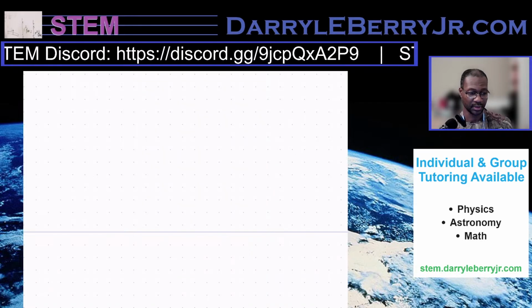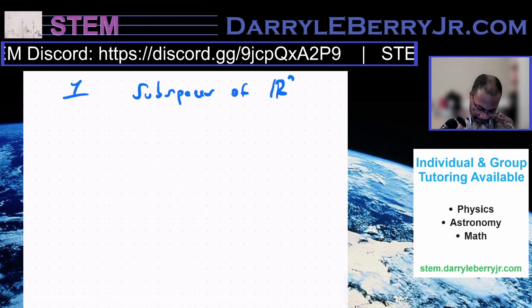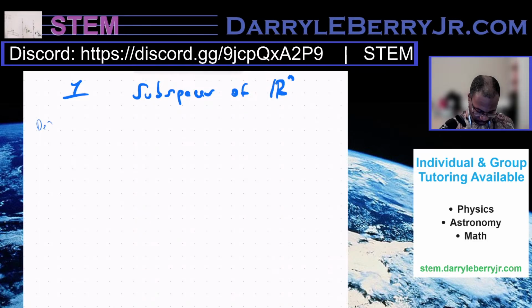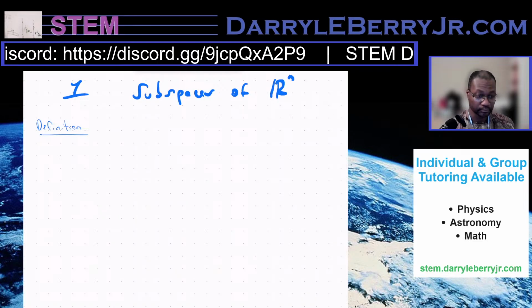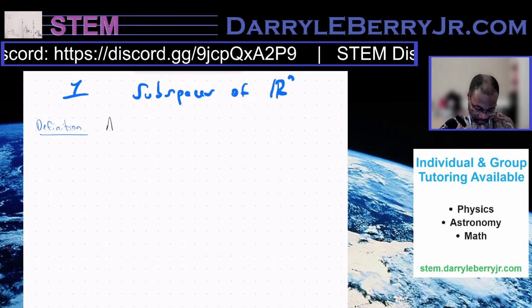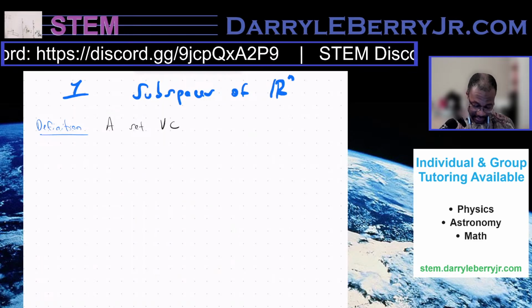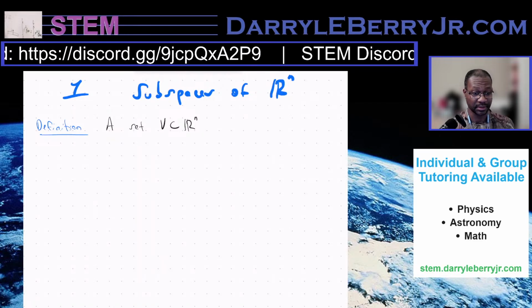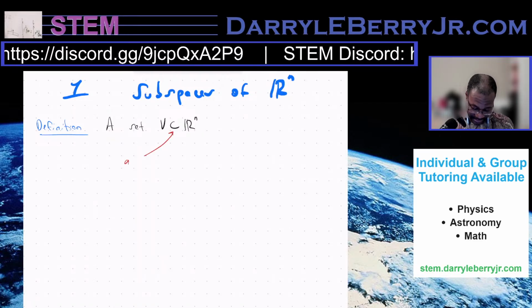All right. So definition. Here's the first definition we have. A set V that's in Rn, or a subset of Rn. So this symbol means a subset of.